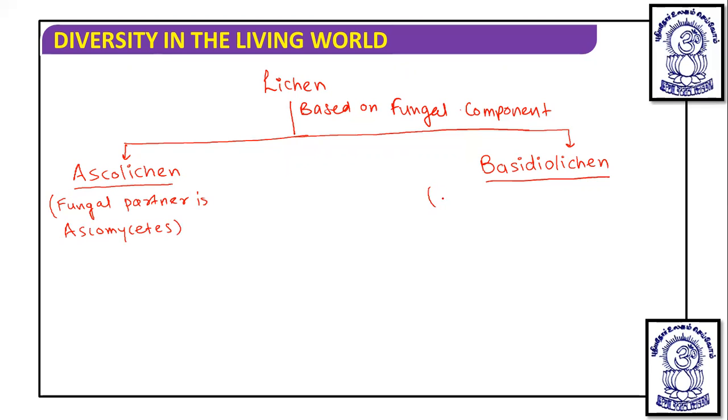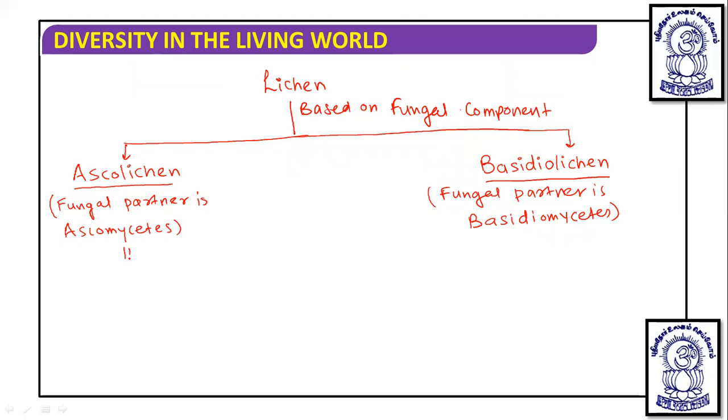And in basidiolichen, the fungal partner is basidiomycetes. So based on the fungal component, these are divided into two groups. If the fungal component is ascomycetes, they will be known as ascolichen. If the fungal component is basidiomycetes, they will be known as basidiolichen.